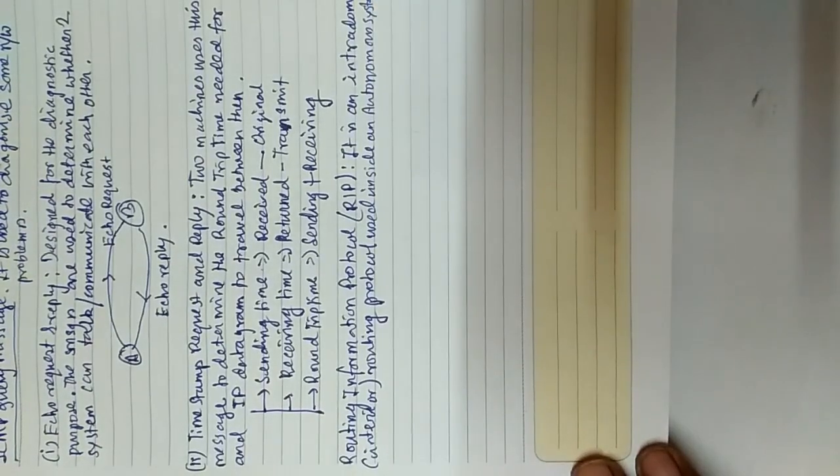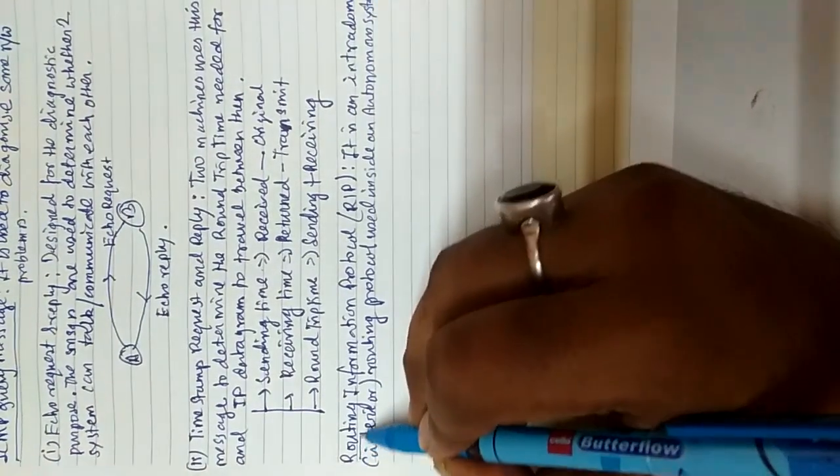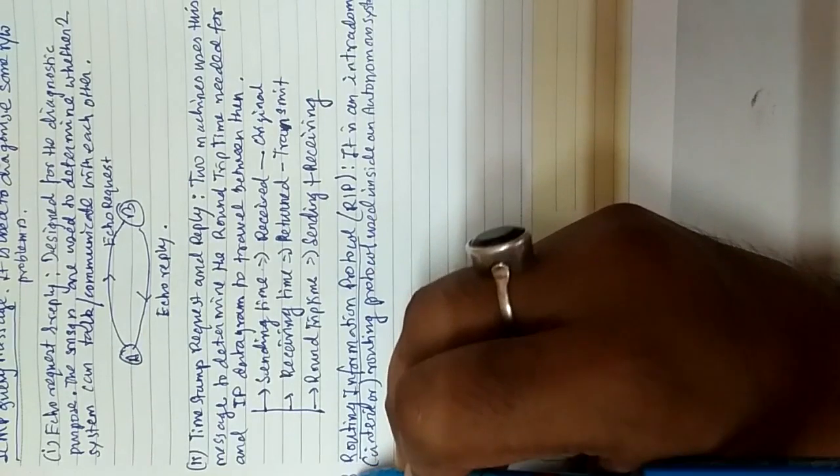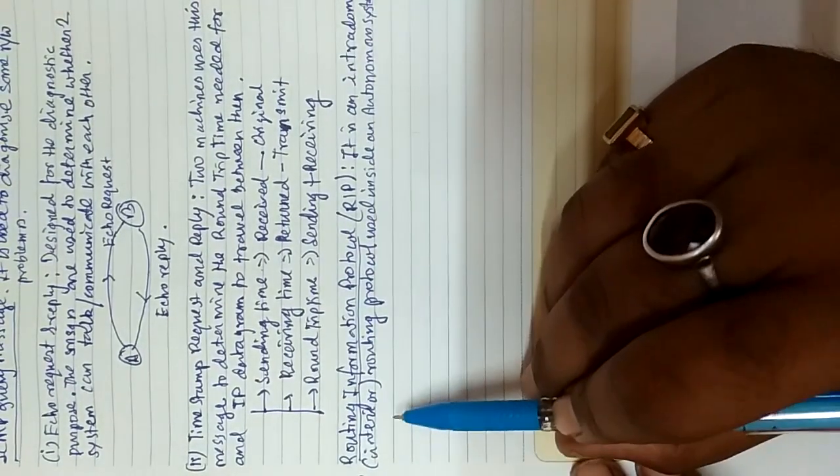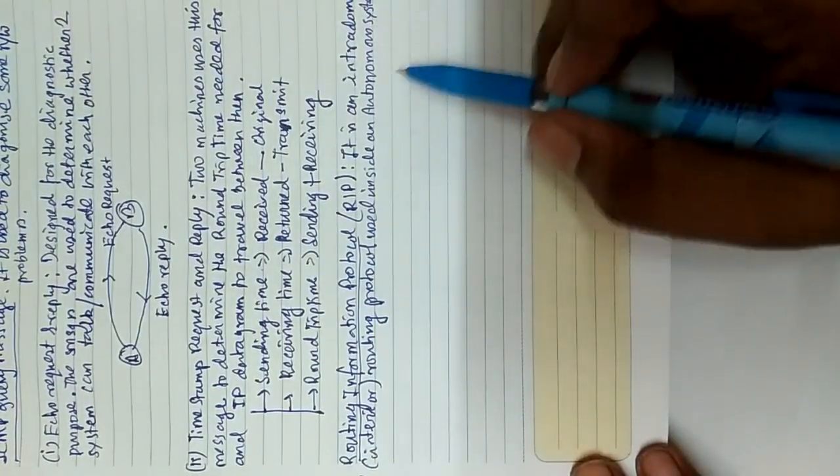Okay, so this is routing information protocol, RIP. It is an intra-domain or interior routing protocol used inside an autonomous system.